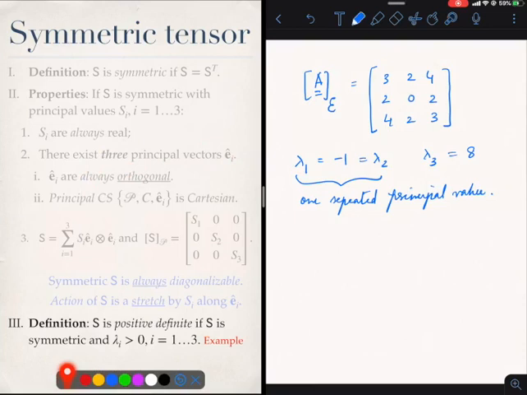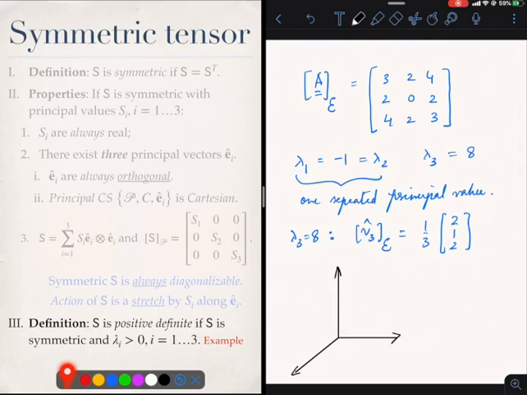To begin with, corresponding to lambda 3 equal to 8, you can easily find that V3 in this coordinate system E will be 1/3 (2, 1, 2). Okay, so we can draw this if you wish. Let's draw this. So let's say 2, 2, 1, 2.